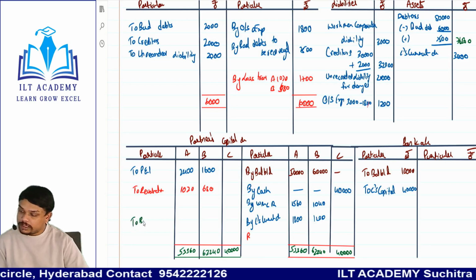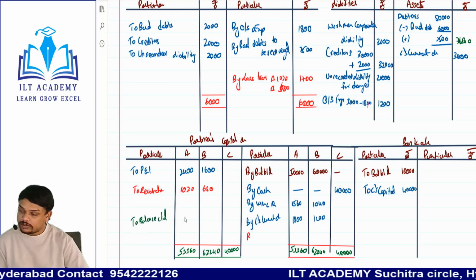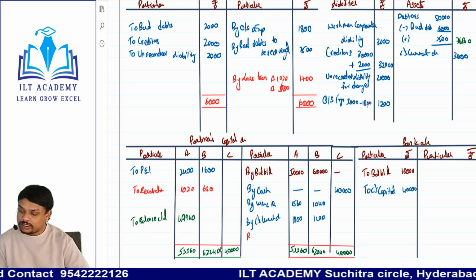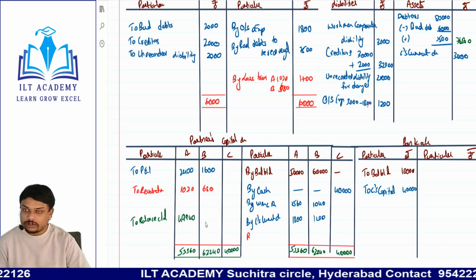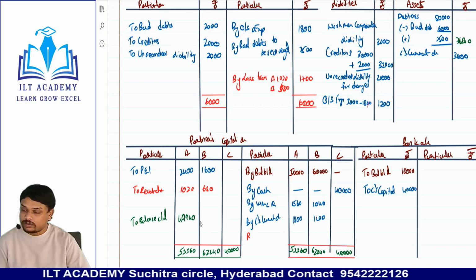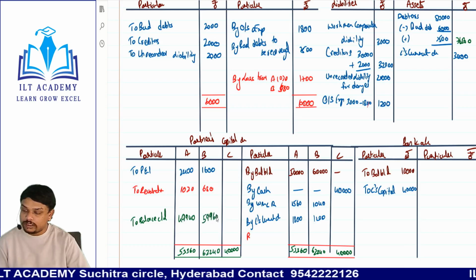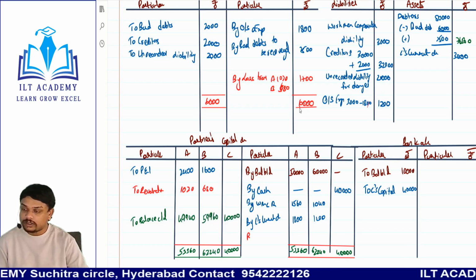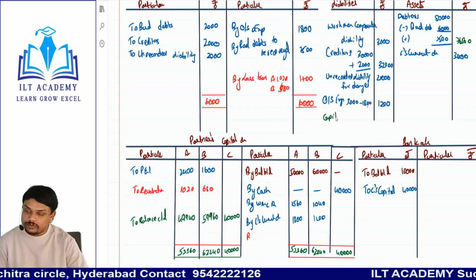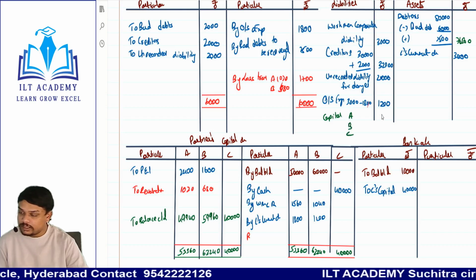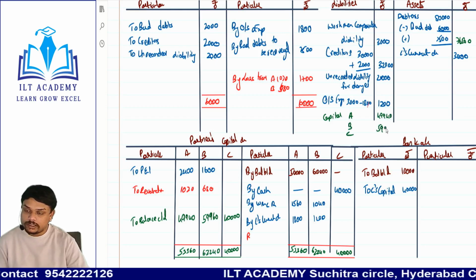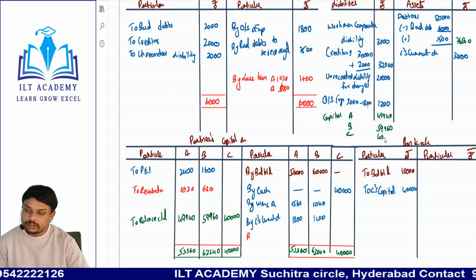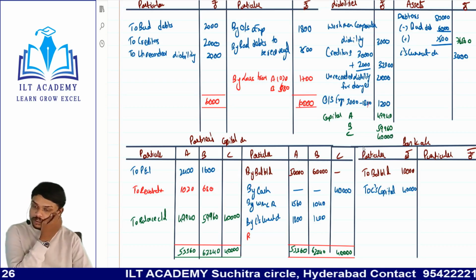Here, getting balance cash. 49, 9, 40. 59, 60, 40,000. Capitals A and C. 49, 9, 40. Next 960. Next 40,000. Okay, done. Cash balance.